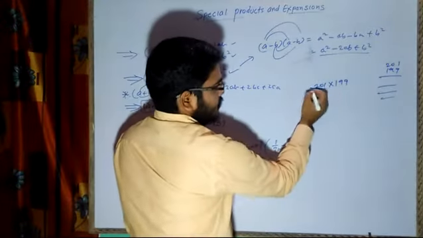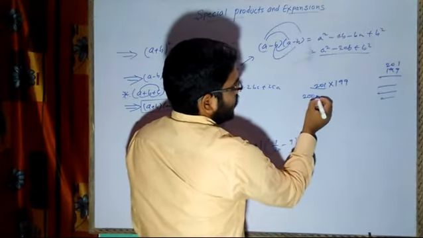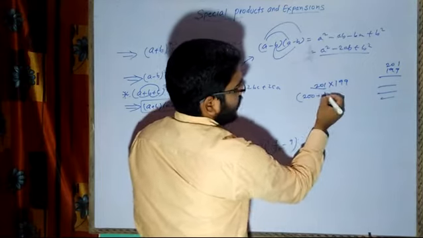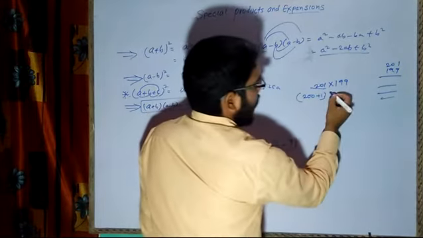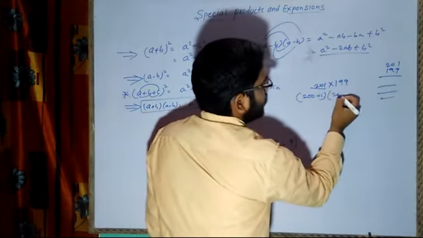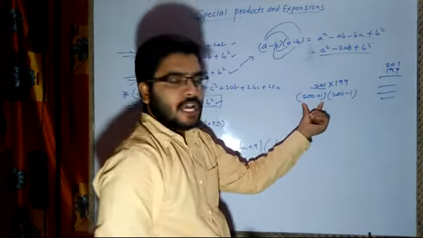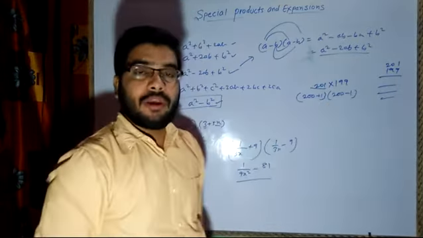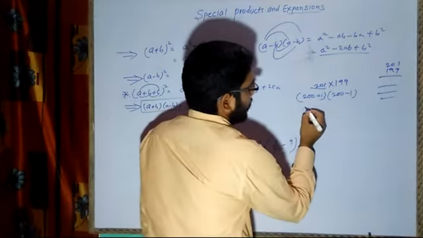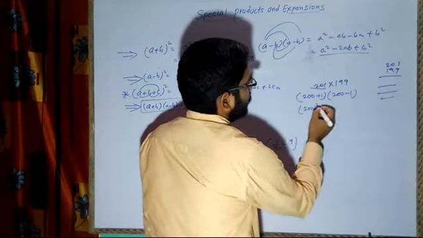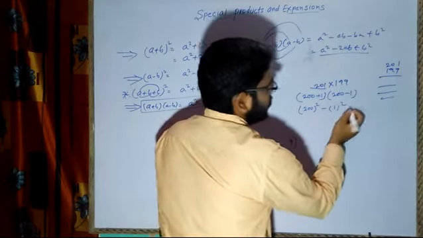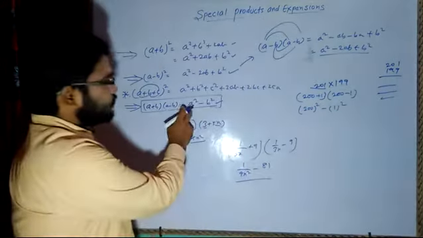Now the concept here is you can write 201 as 200 plus 1, and then 199 can be written as 200 minus 1, correct? After this, you see it has become in the form of (a + b)(a − b). Now we know that (a + b)(a − b) means a² − b², correct?